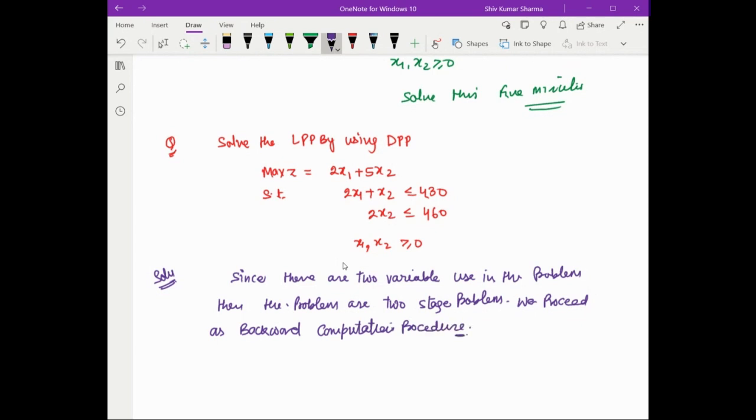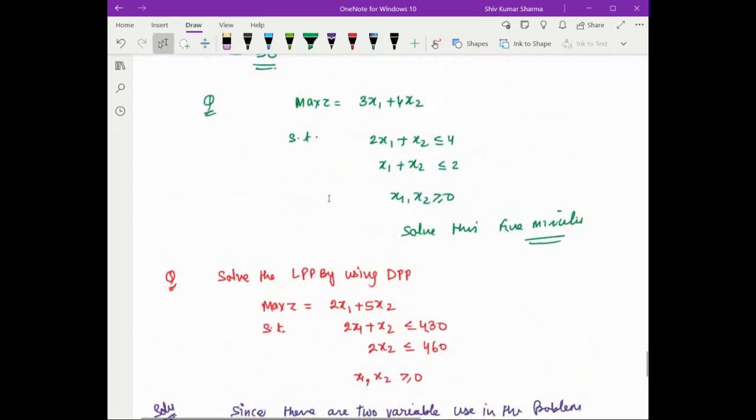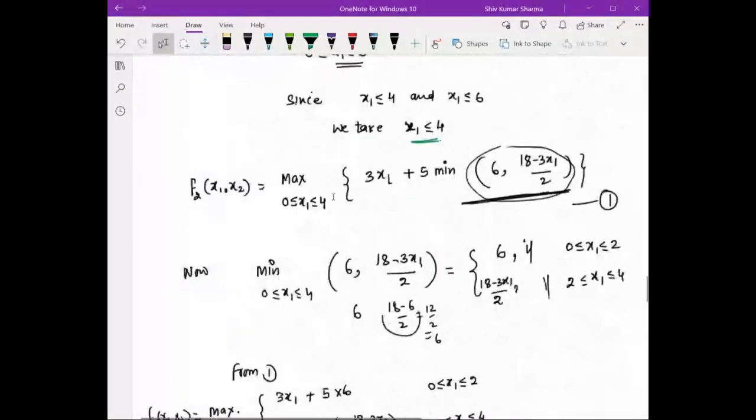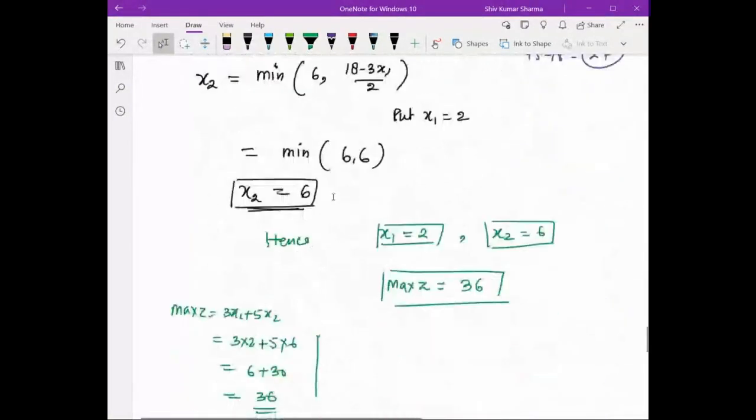The same previous problem we also solved by using this method, the backward computation procedure.